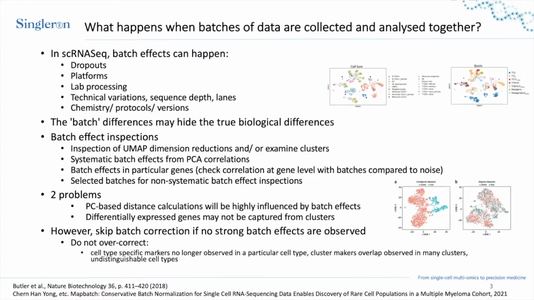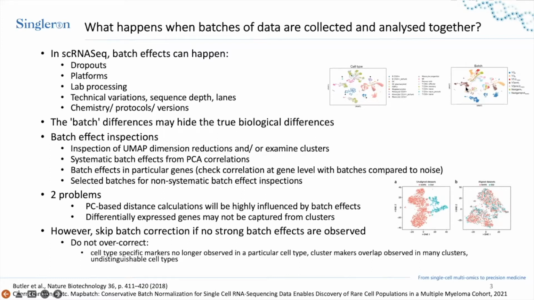If batch effect happens, these differences in the batches from technical variations may well hide the true biological differences. For example, the top right figure comes from one of the posters from our collaborator, Dr. Chen Han, where he did a study with map batch.